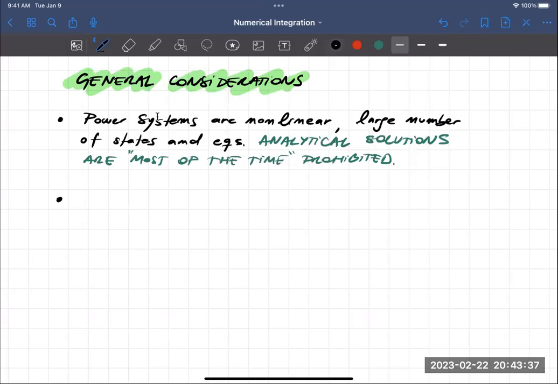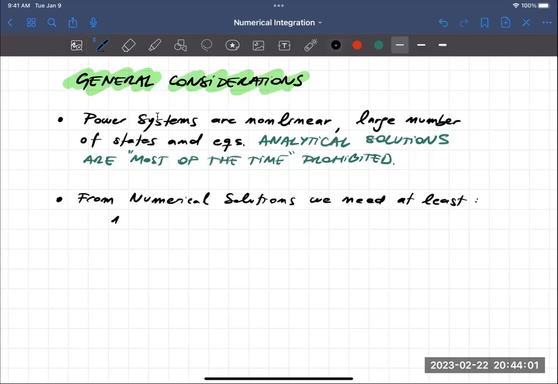So the second thing that we need to know here is that from numerical solutions, we need at least two things.